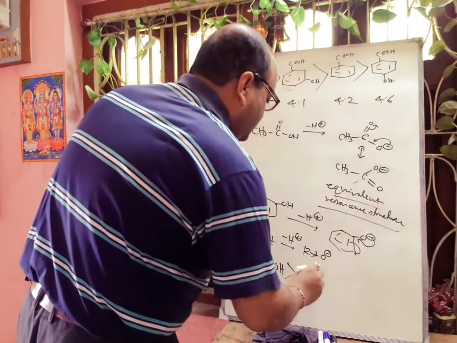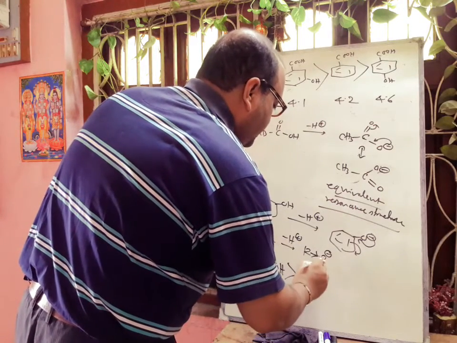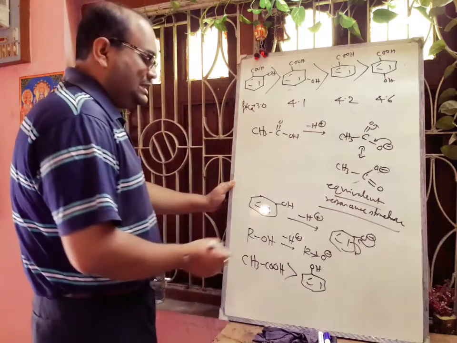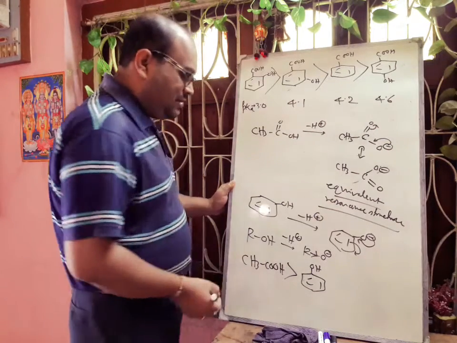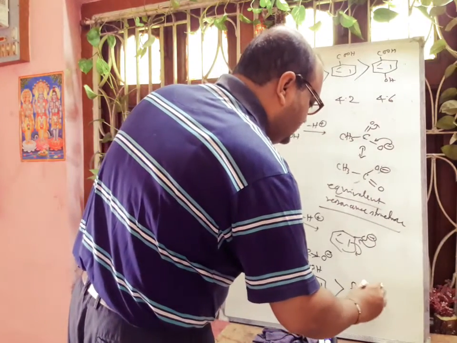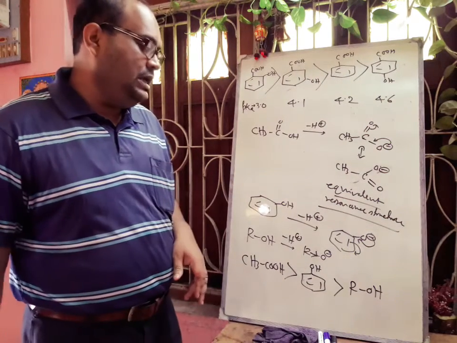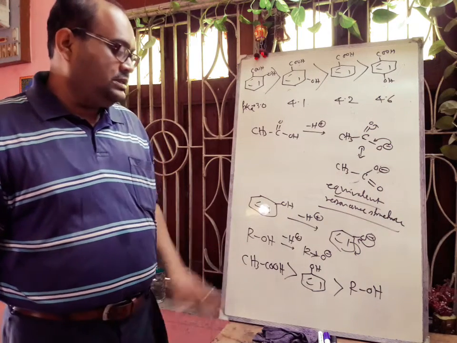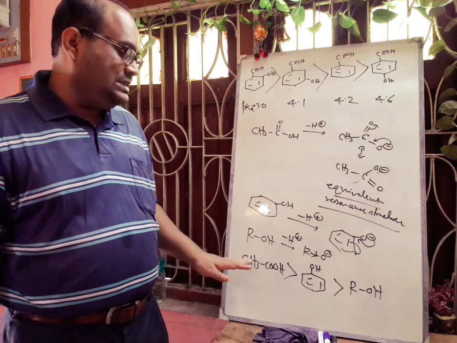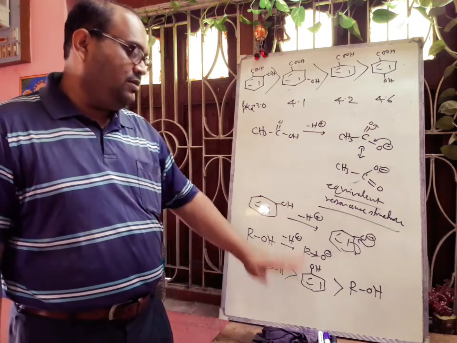Then phenol will come. It is a weaker acid compared to the carboxylic acid, but more acidic compared to the alcohol. Next, the alcohol will come. In this way we can easily explain the relative acidity order of carboxylic acid, phenol, and alcohol.